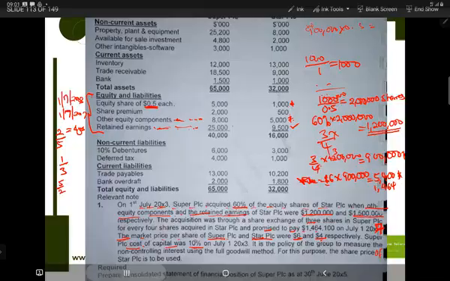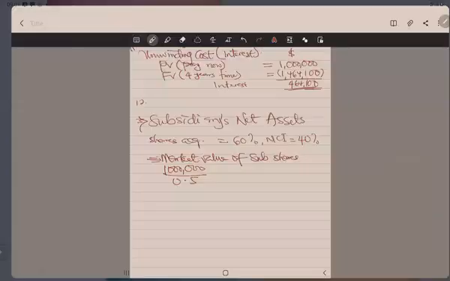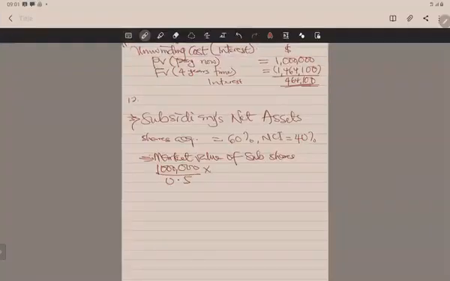Go back to your listing. The market value of Star is what? 4 naira. This will give us the market value of the shares. Do we get that?